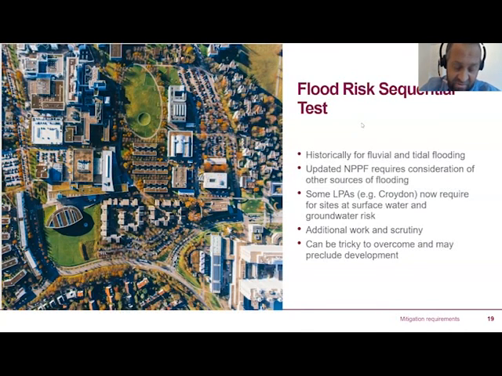The sequential test looks to identify all reasonably available sites within a defined search area. This search area should be established by consultation with a local planning officer, taking into consideration the development type and additional local factors such as transport links and catchments.